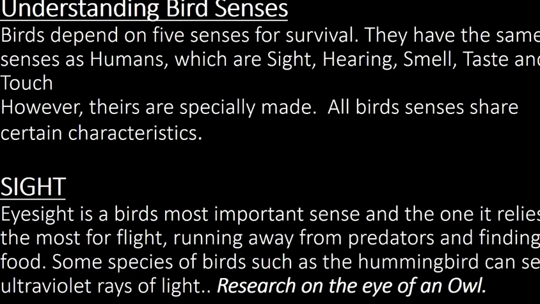Understanding bird senses. Birds depend on 5 senses for survival. They have the same senses as humans, which are sight, hearing, smell, taste, and touch. Let's mention them again. But this time, as I mention them, you touch your sense organs.